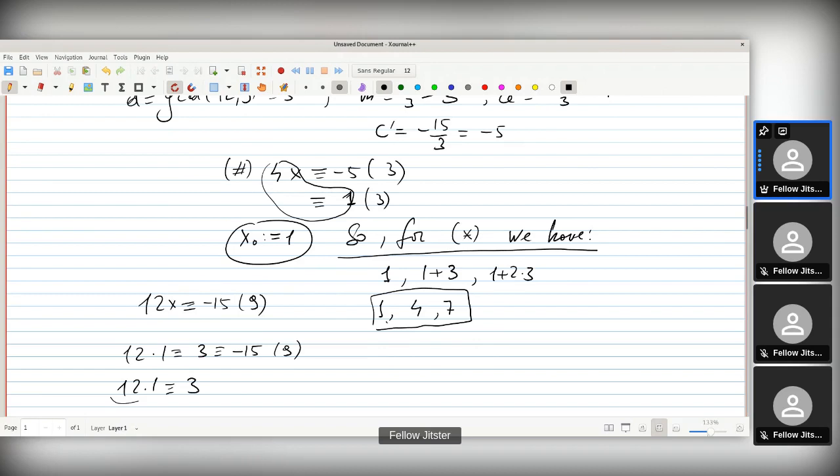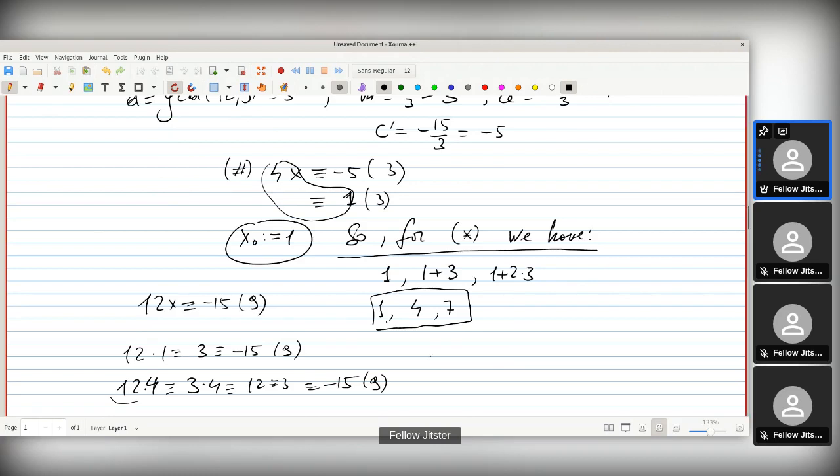So it is 3 times 4, 12 again, so 3, which is the same as -15 modulo 9.